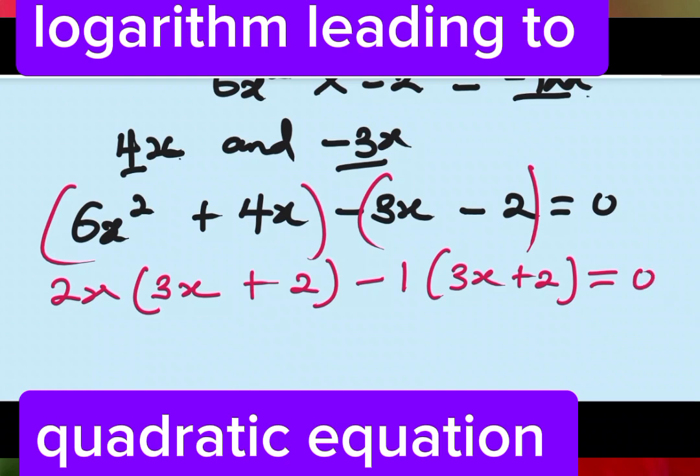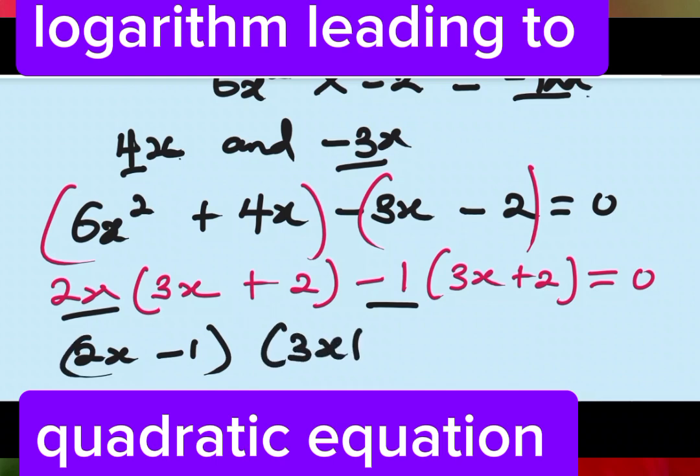Group the ones outside the bracket together. The ones outside the bracket are this and this. Group them together, you have 2x minus 1. Take one of these, since they are the same, you have 3x plus 2 equals 0.